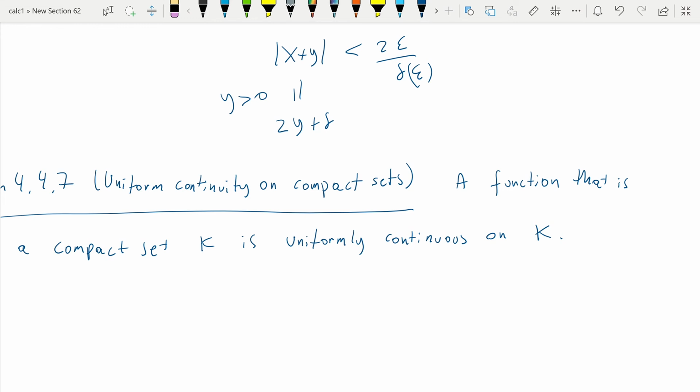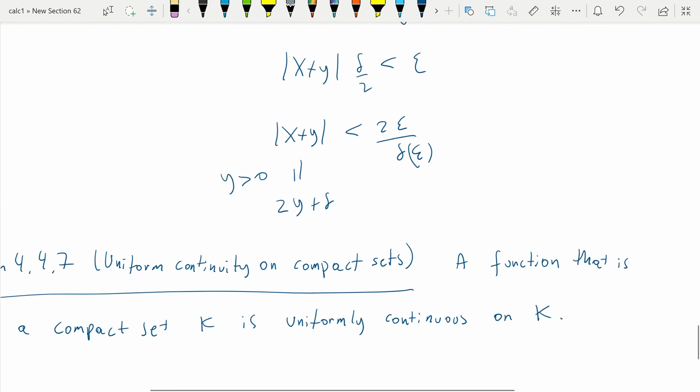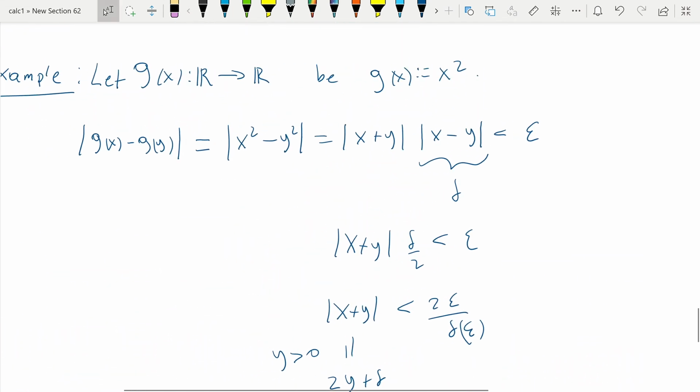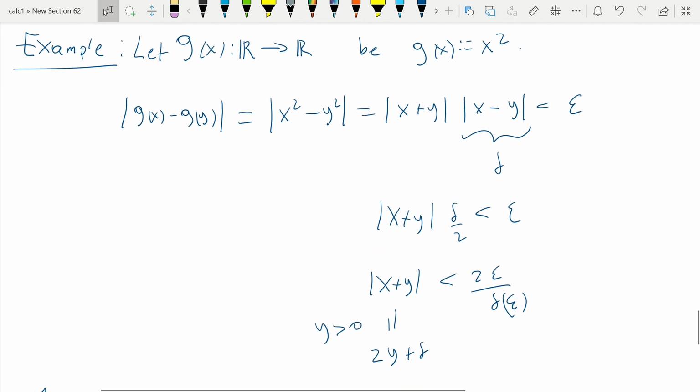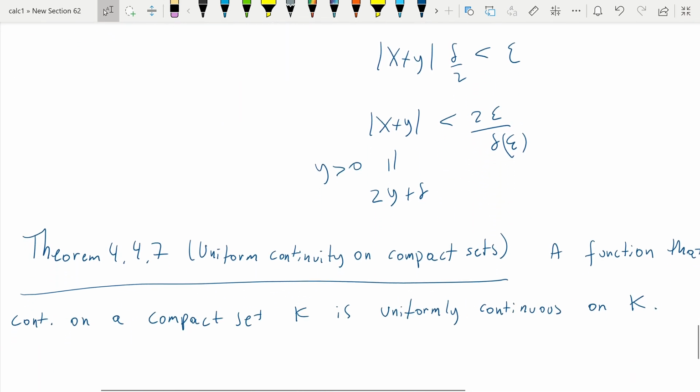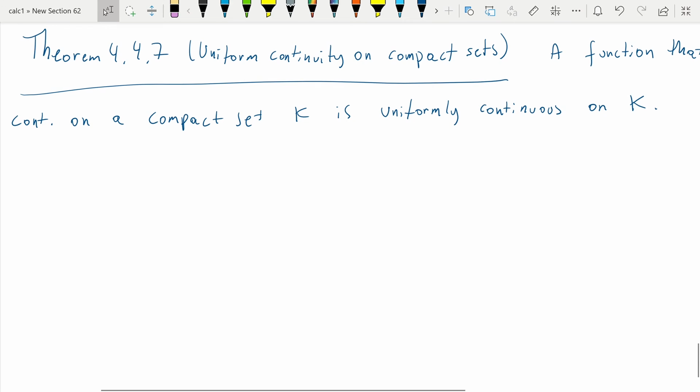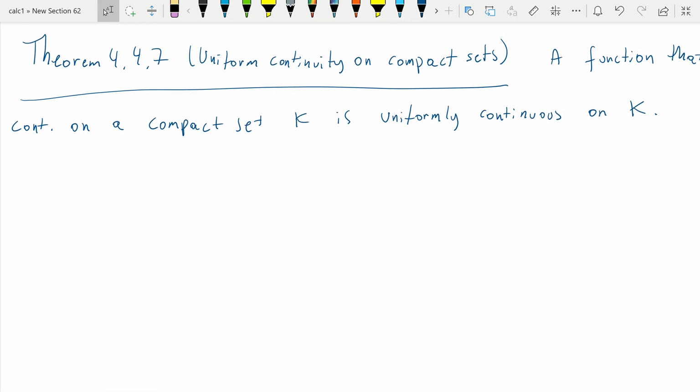So a uniformly continuous function, as we saw, has to be continuous at every point, but the converse is not true. We saw with x squared, we already know that it's a continuous function, it's continuous at every point, but it's not uniformly continuous over R. However, if we're allowed to play with the domain, where we restrict ourselves to a subset of the real line, and that set happens to be compact, continuity is the same as uniform continuity on compact sets.